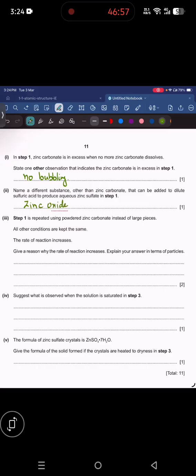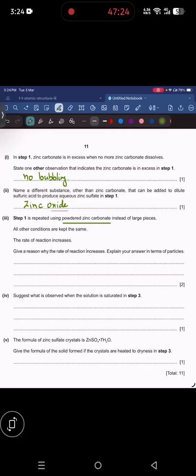Now the next: step number one is repeated using powdered zinc carbonate. Now we are using powdered zinc carbonate as compared to the large pieces. All other conditions are kept constant. The rate of reaction increases. Give a reason why the rate of reaction increases. Explain your answer in terms of particles.